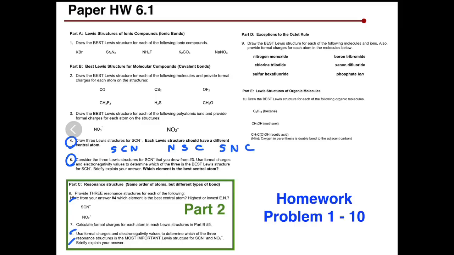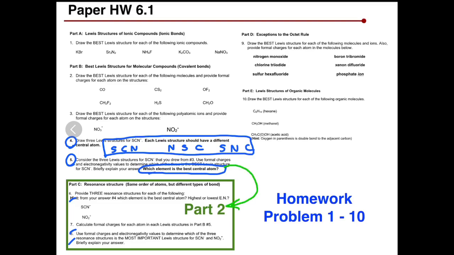So those are different central atoms. And according to number 4, whichever one is the best Lewis structure, you are going to have to tell me which element is the best central atom, because that best central atom will then determine your part 2.